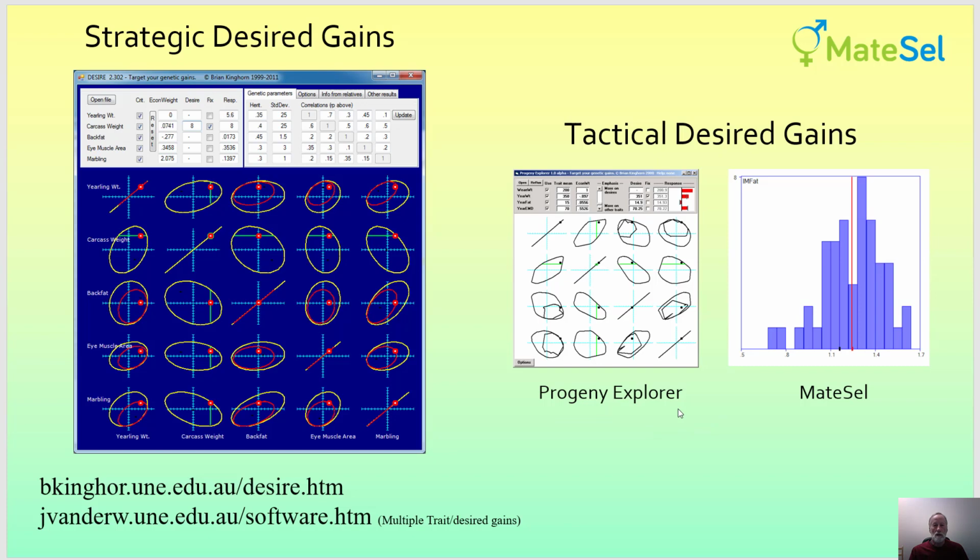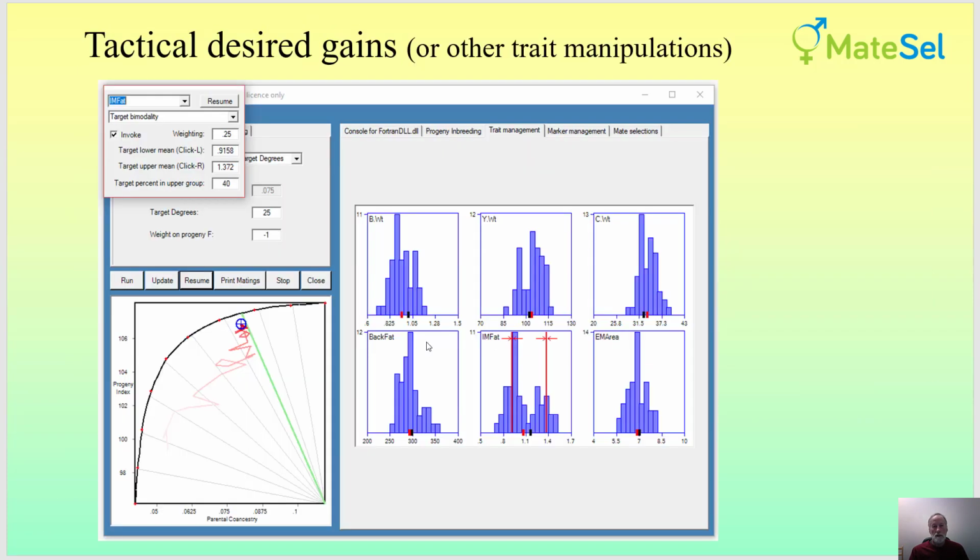Progeny Explorer is an attempt to do the same sort of thing as Desire, but using the EBVs of animals, and it's probably not quite as functional as directly using MateCell. And just to remind us, we can manipulate the trait means and other aspects such as shape in MateCell and observe the compromise that we make as a deviation that the solution is from the frontier.